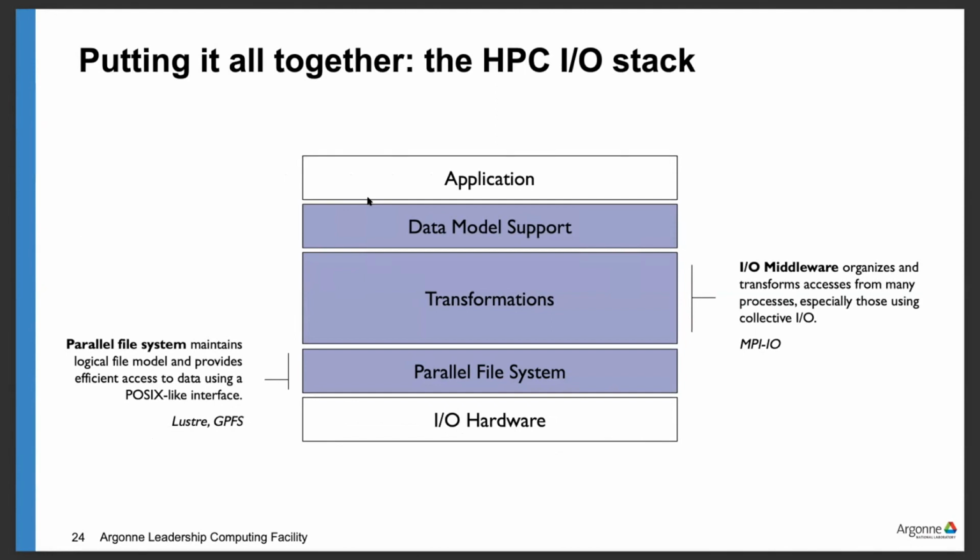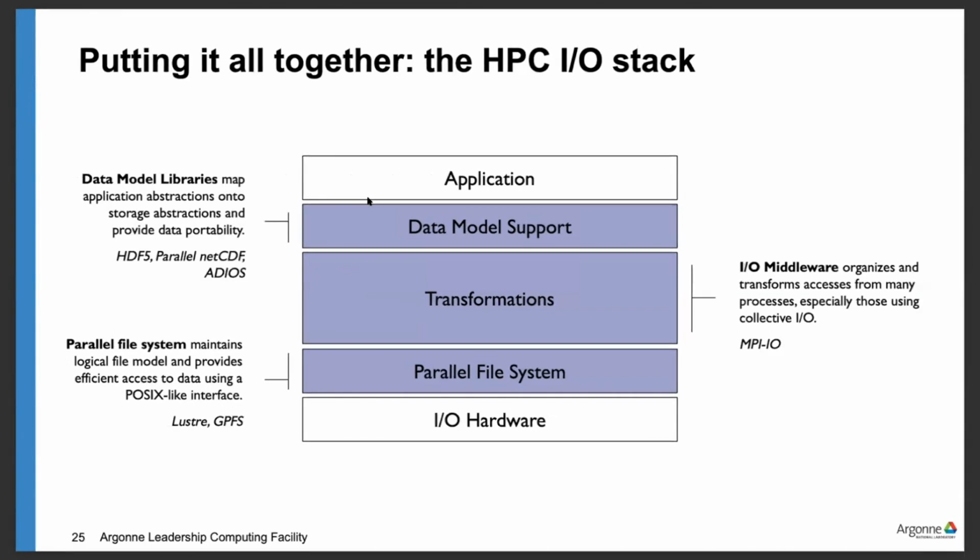This is particularly true for collective I/O cases. And then at the top is the data model library support, things like HDF5, Parallel netCDF, and ADIOS. These map application-level abstractions down to the lower layers of the I/O stack.